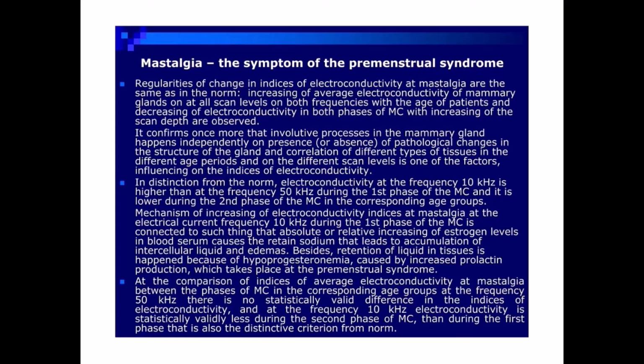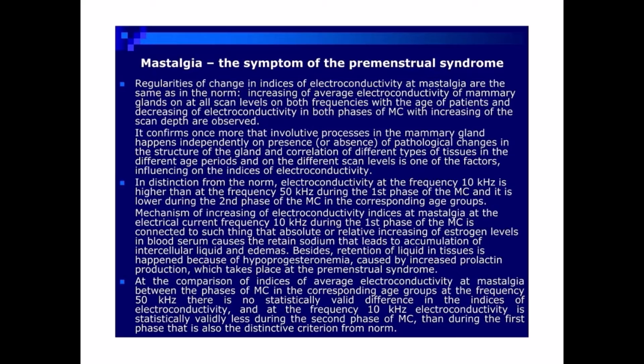It confirms once more that involutive processes in the mammary gland happen independently of presence or absence of pathological changes in the structure of the gland, and the correlation of different types of tissues in different age periods and at different scan levels is one of the factors influencing the indices of electroconductivity.